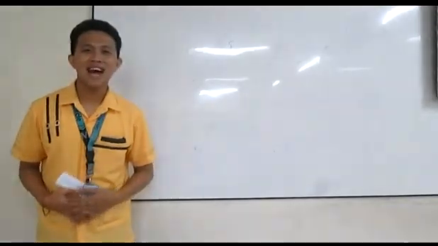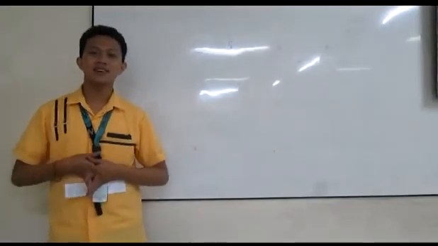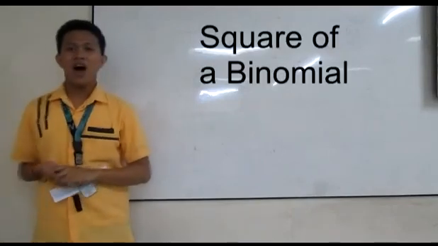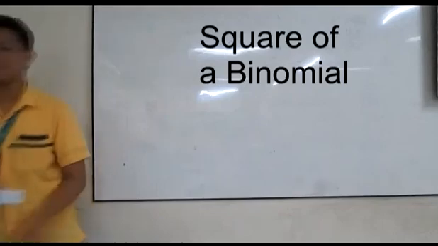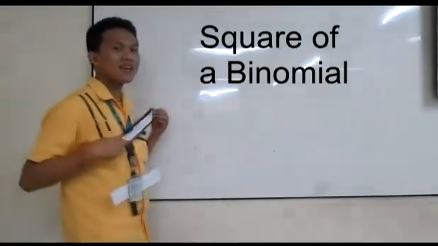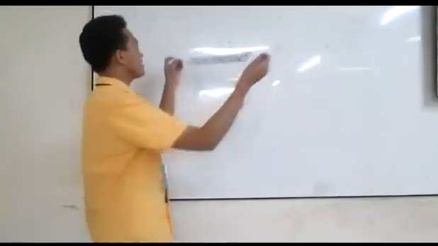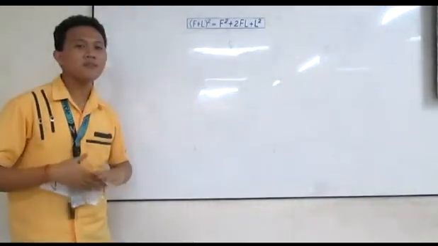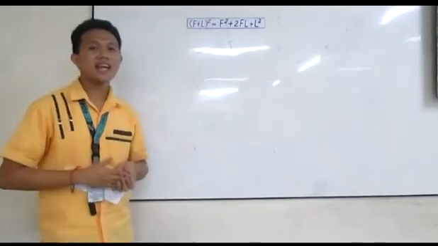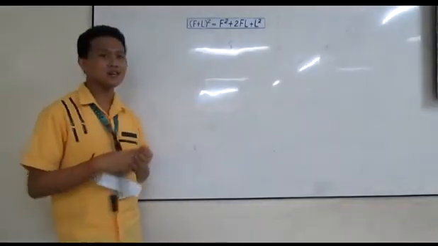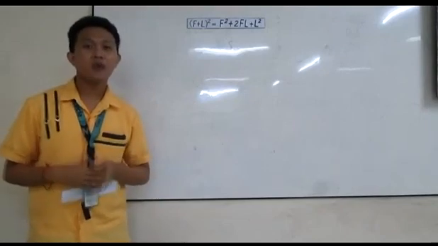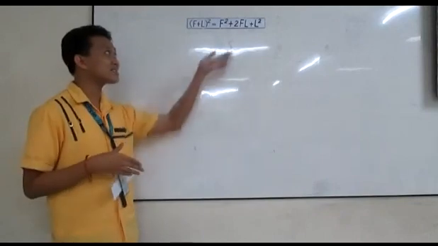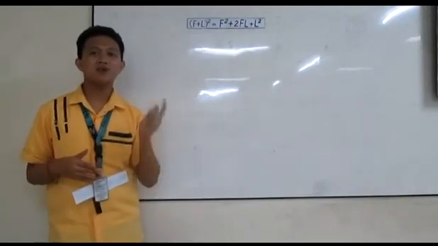And for our second type of special product, we have the square of a binomial, whose definition is: given the square of a binomial, in order to find its answer, just square the first term plus twice the first term and the last term plus the square of the last term.